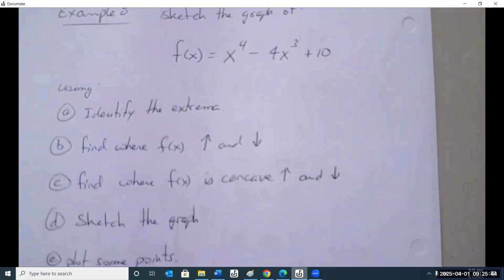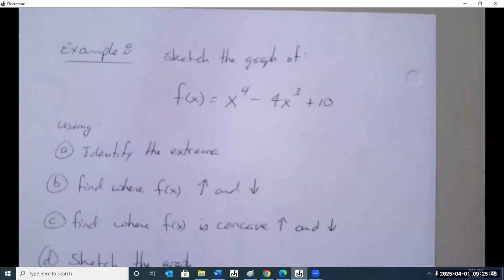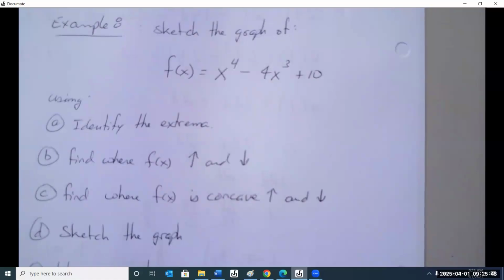All right, what do we know about this graph already? Just by looking at the function, what do we know about it? What does that mean? It means it's an even function. Or how did you find that out?